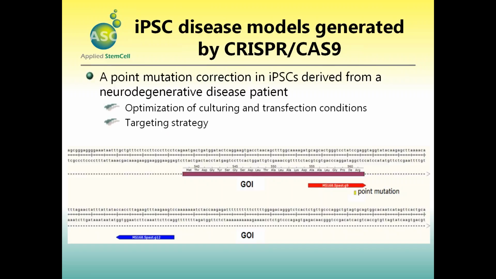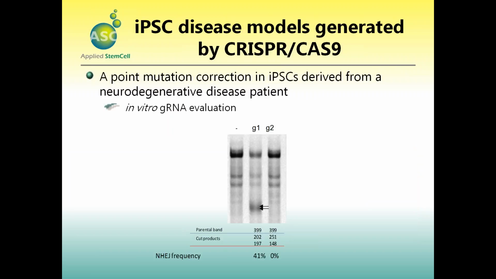There is another example I list here, a point mutation correction in patient-derived iPS cells. Similarly, the guide RNA was designed based on the mutation site to be corrected. The guide RNA was then functionally validated in a human cell line.